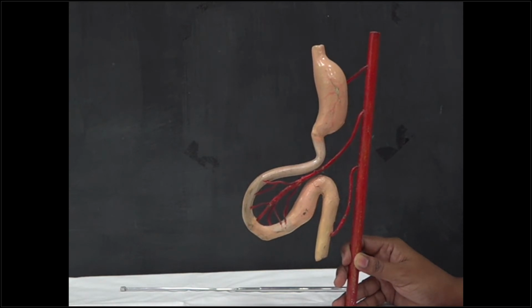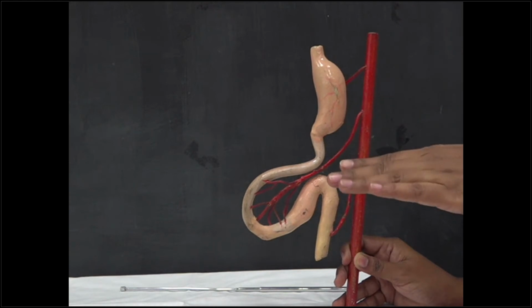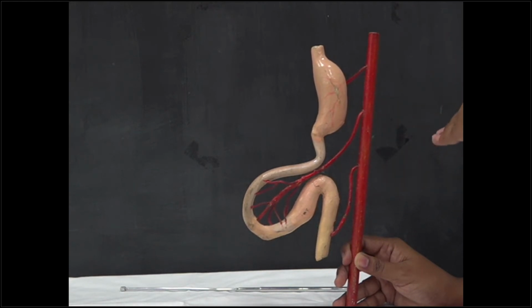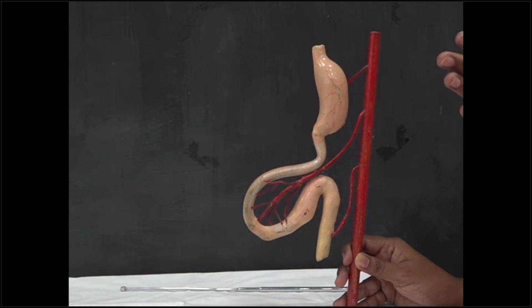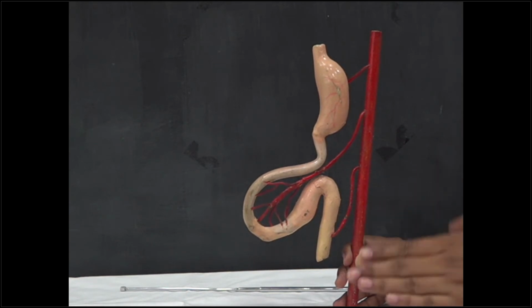Okay. Then the lower part of the duodenum, jejunum, ileum, cecum, appendix, ascending colon, and part of the transverse colon, that is the right 2/3. At the junction of the right 2/3 and the left 1/3 of the transverse colon, the right 2/3 develops from the midgut, while the left 1/3 develops from the hindgut.